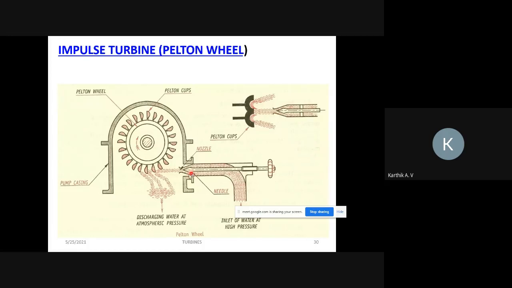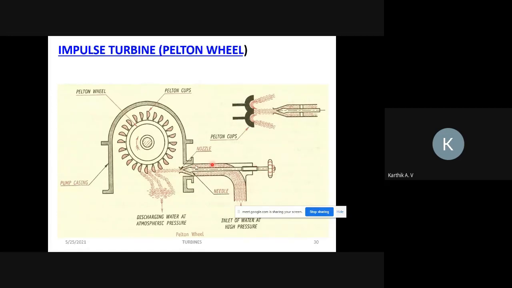Further, you can increase or decrease the pressure based on this needle valve. Suppose this runner blade is rotating at 1800 rpm. If you want to increase the speed of this runner blade, you have to partially close the opening with the help of this needle valve. So the area decreases and pressure further increases.